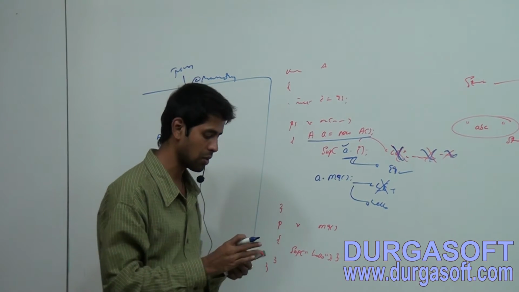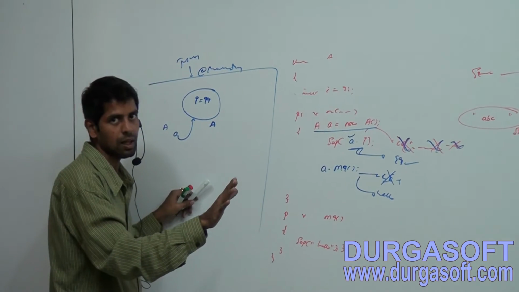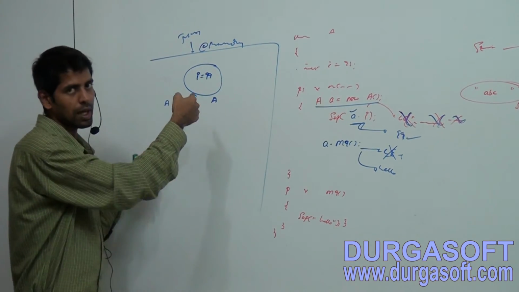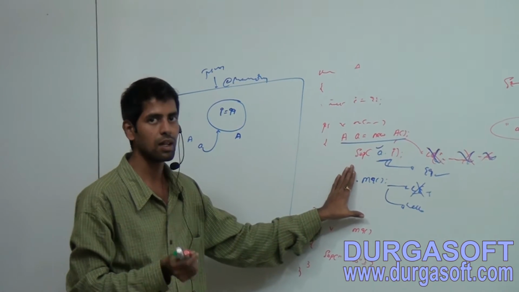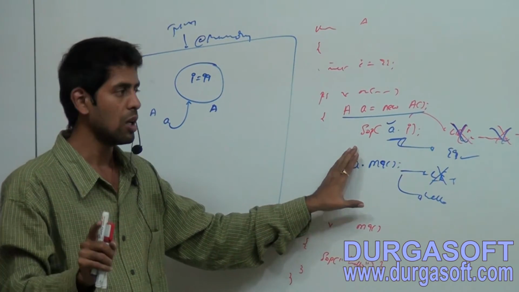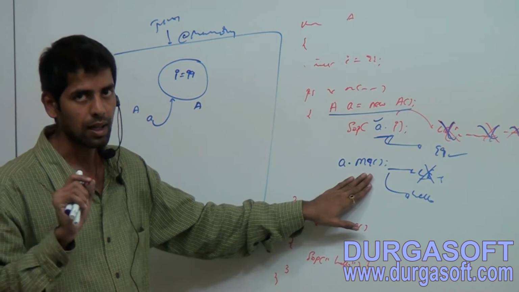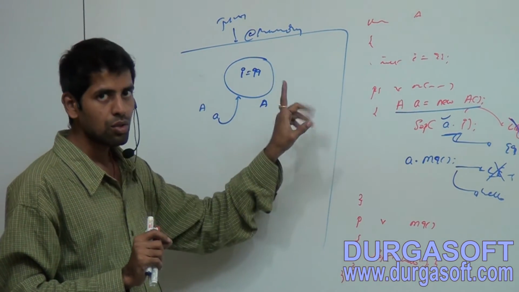Now observe this part, a dot m9 method. A dot m9. Hello mister, where is that m9 method? Here. Of course, if I write just m9 method, compile time error. If I write a dot m9 method, no compile time error. So I asked you one question.